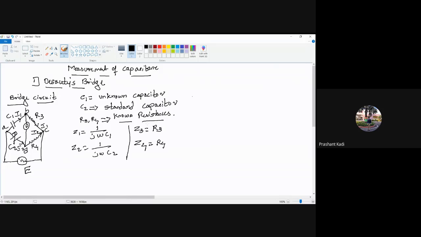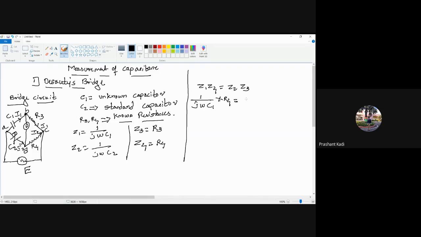Okay. So at balance, Z1 Z4 equals Z2 into Z3. Z1 is 1 by J omega C1. Z4 is R4.